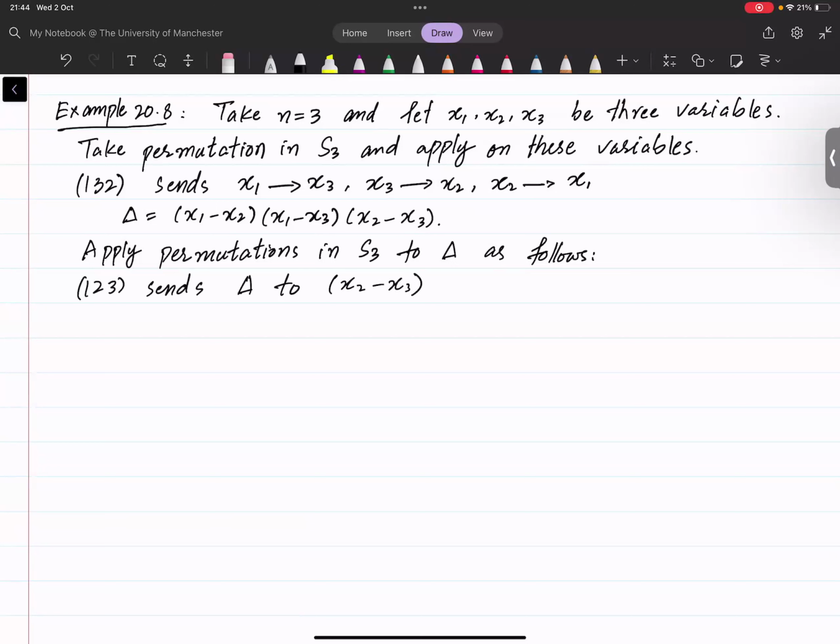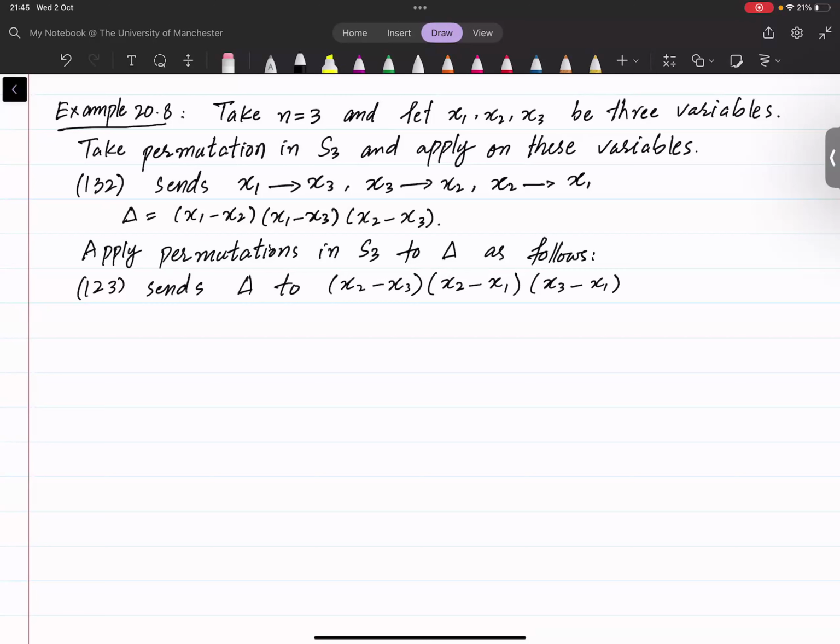We will keep the signs the same, and 1 goes to 2, and 3 goes to 1 again, and then 2 goes to 3 minus 3 goes to 1 again.